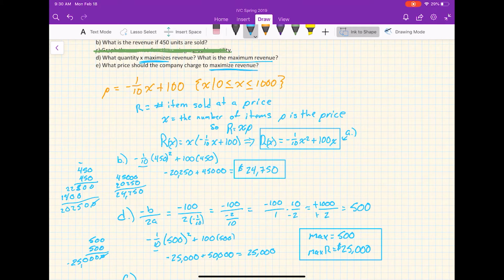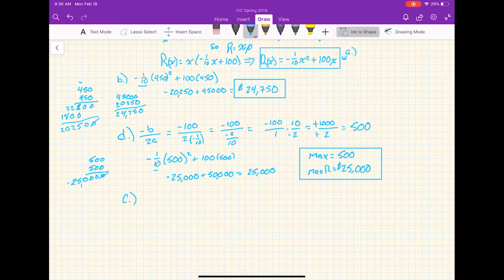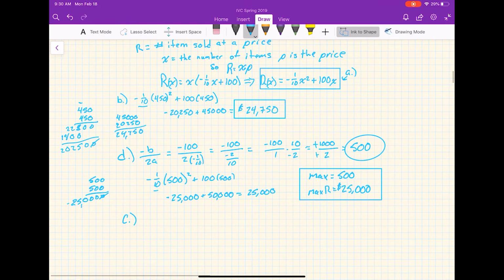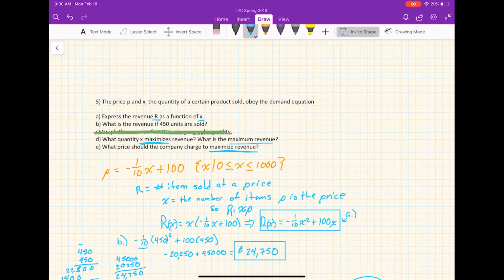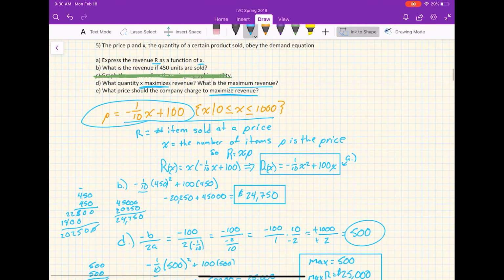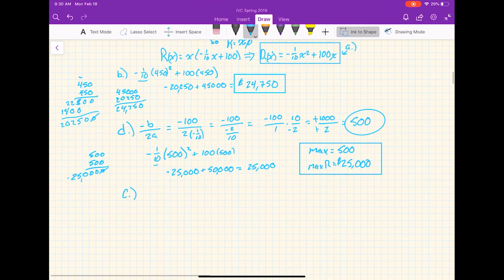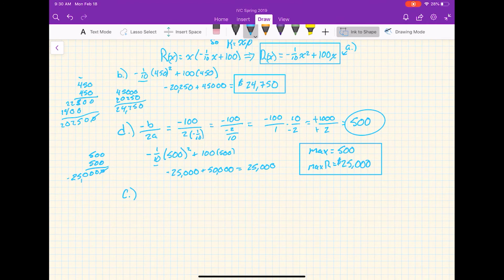E. And what is this price if we maximize its revenue? Well, it's 500, except for we need to put that back into our original equation. So we got negative 1/10 times 500 plus 100.